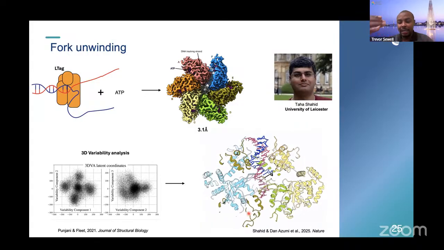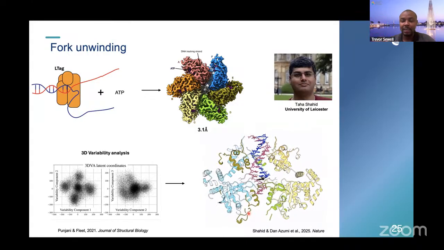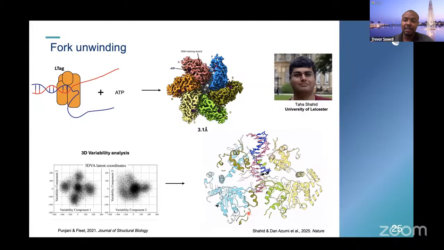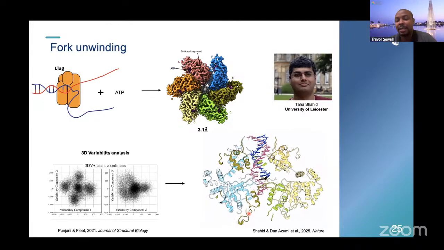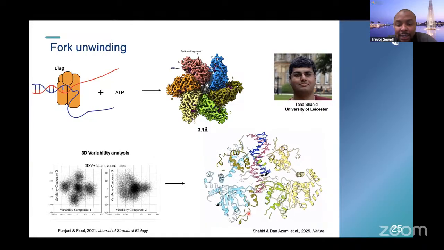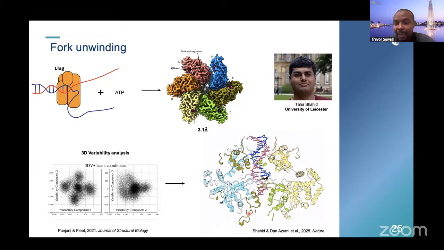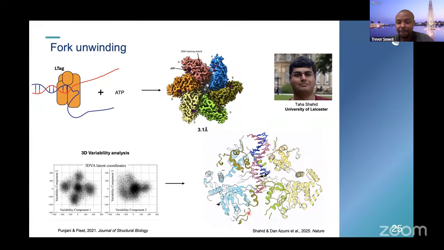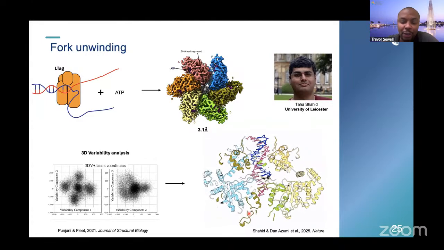And once the DNA is in the channel, the staircase arrangement is reestablished, and that staircase arrangement destabilizes the base pairing, thereby causing melting in the new position of the DNA.